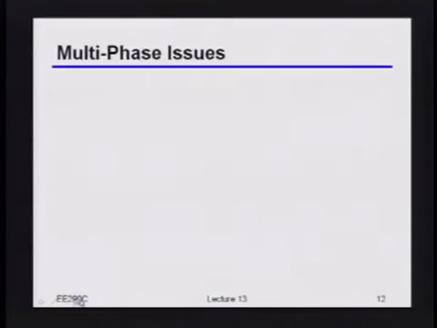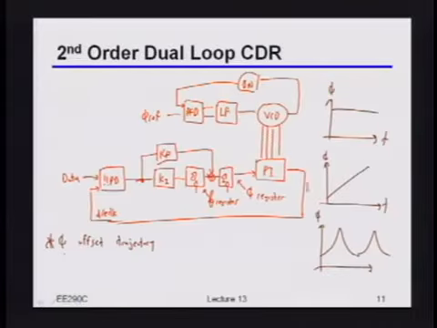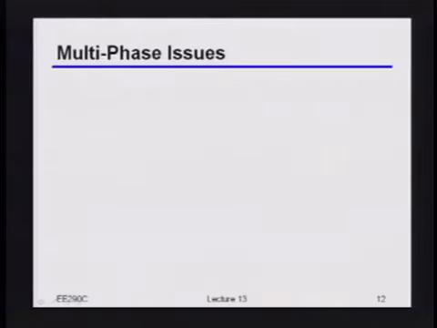Now, there's actually a couple of interesting practical issues. So far I keep drawing this loop as if there's really just one output from that phase interpolator. To be totally fair, even in our standard setup there's probably actually two outputs, right? Because usually the way we do that bang-bang CDR, at least if I have a full rate system, is I have clock, and then I use clock bar for my edge samples.